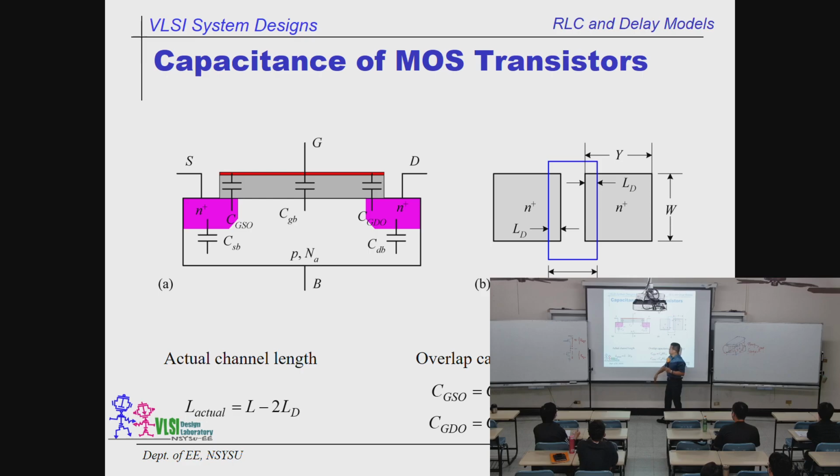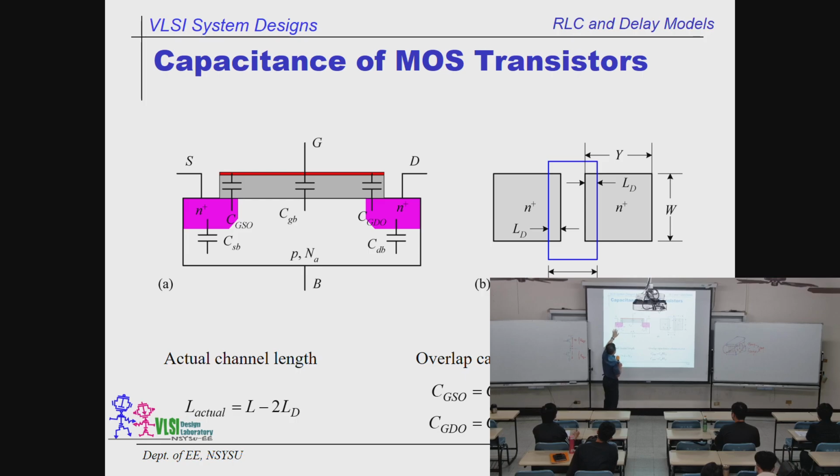So apparently, we have a conductor over here, and of course we are going to have a small, teeny, tiny capacitor created by the overlapped area. That's why it's called the CGDO, and CGSO on the other side. So they are symmetric.